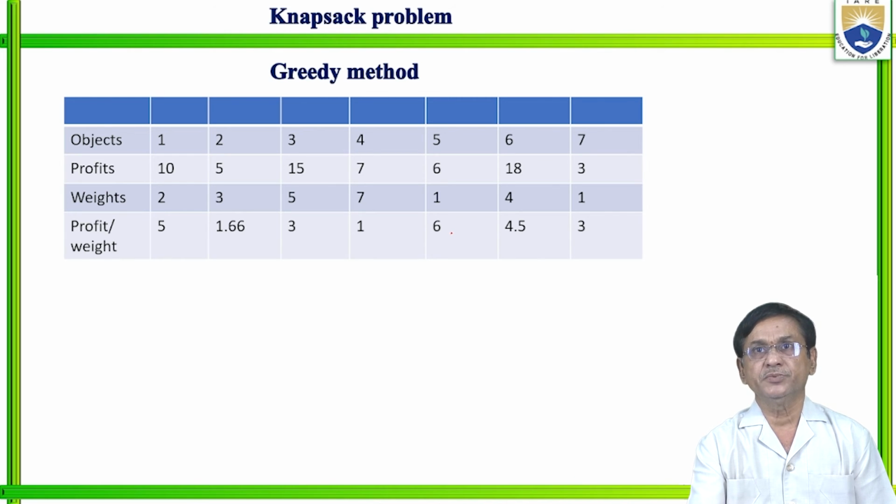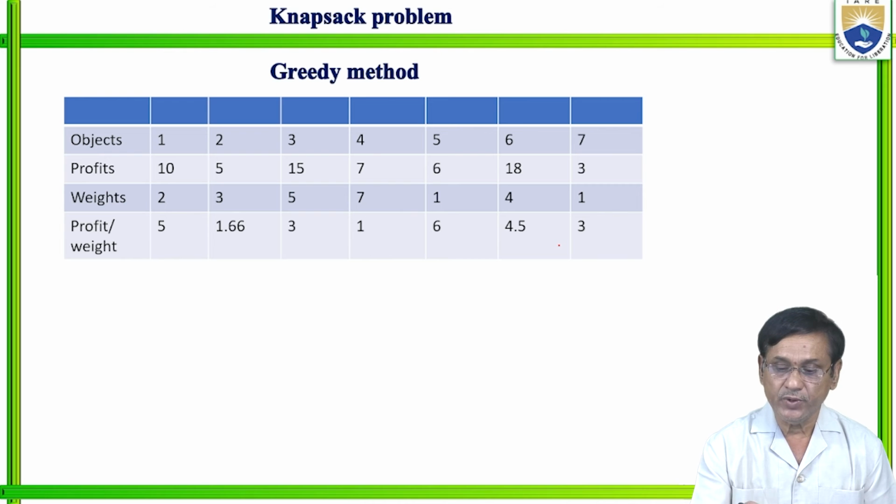For the fifth object, the profit is 6, weight is 1. The ratio is 6 by 1 is 6. Then next sixth object, the profit is 18, weight is 4. So 18 by 4 is 4.5. And seventh object, profit is 3, weight is 1 and the ratio is 3.